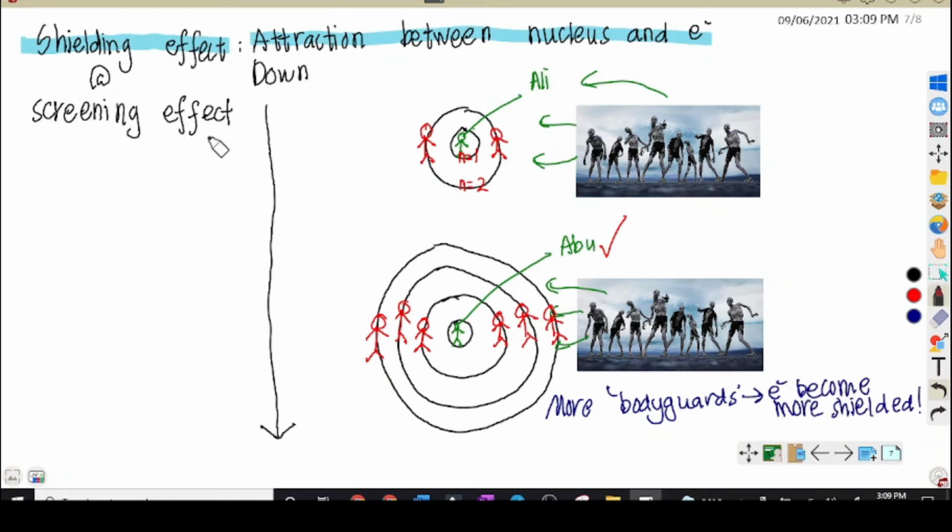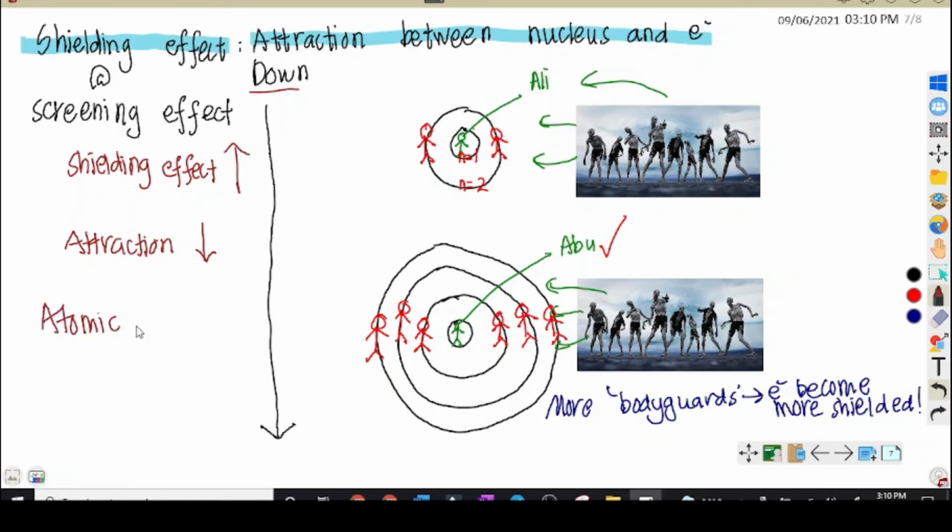To summarize, when going down the group, the shielding effect will increase, so the attraction will decrease, because Abu is no longer being attracted to the zombies, right? So the atomic radius will increase, obviously, because the shell for Abu is larger when going down the group.